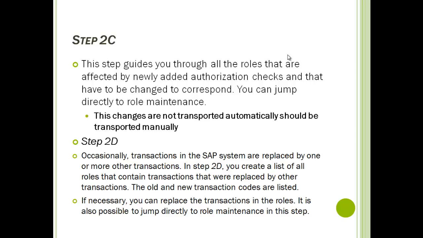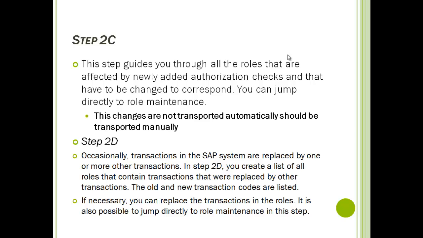And remember, this is not going to do the transport automatically; you have to create a transport for the specific changes of the roles. In the previous step, it will create a workbench change by its own. It will pop up to create a TR, then you can create a TR. In this case, whenever you do a role change and save the role, as you know, it will not give you a pop-up to do the transport.